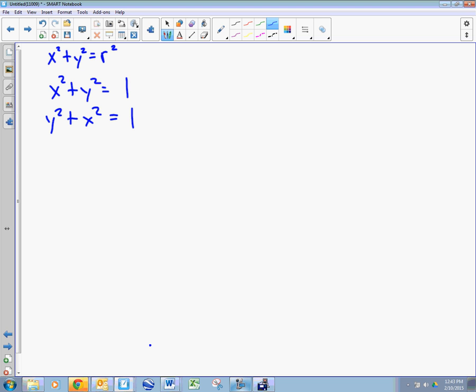Now, see the connections come through, folks. Y is the same as sine. X is the same as cosine. This is the most important and fundamental trigonometric identity formula that you learn.